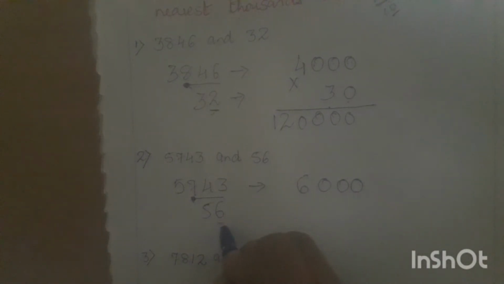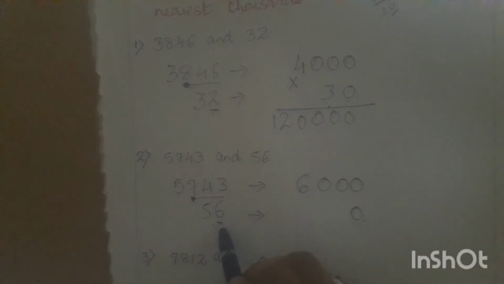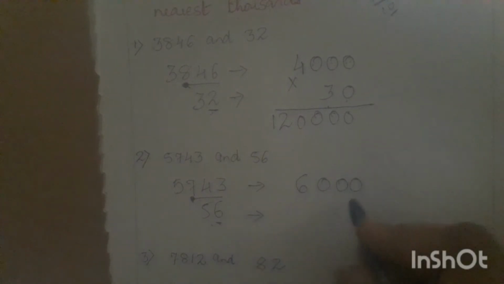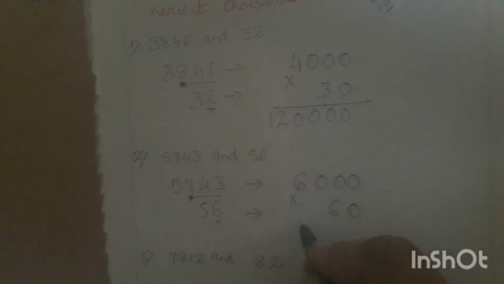And this is to be rounded off to the nearest tens. In tens, 1 zero. 1 digit underlined, 1 zero. The underlined digit is, you can see, among the numbers 5, 6, 7, 8, 9. So the condition is satisfied. So 5 plus 1 becomes 6, and we have to find out the product.